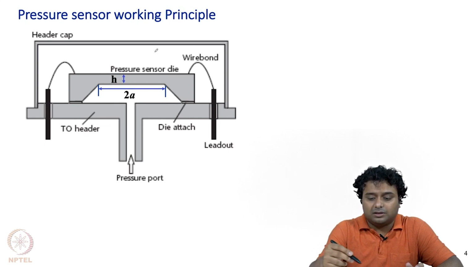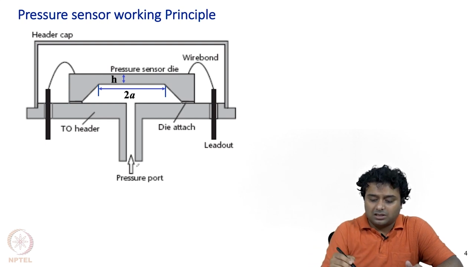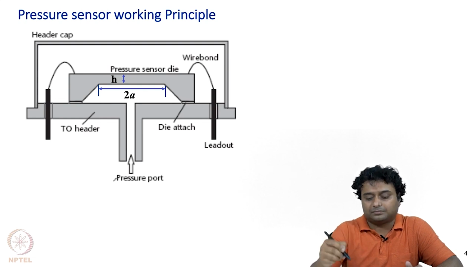Accordingly the top side will be decided. Let us assume this is packaged under vacuum, so the top side is vacuum. This is the pressure port of which we are measuring the pressure, connected to some chamber.